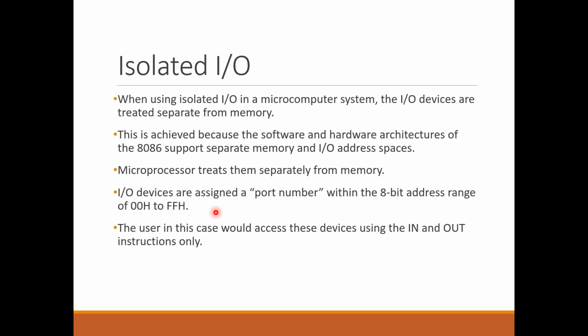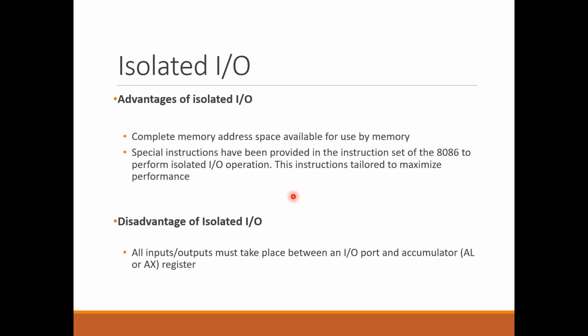So the microprocessor can send or receive data to or from any device using the IN and OUT instructions. Whenever we are using isolated I/O interface, only those instructions can be used in order to communicate with the input and output devices. So what are the advantages of using isolated I/O interface?